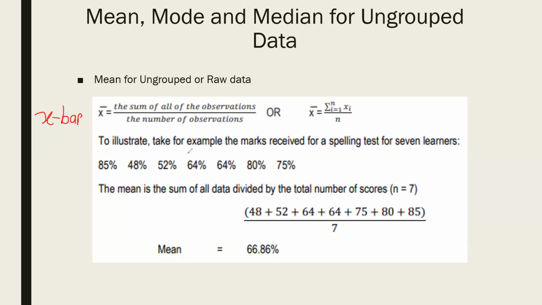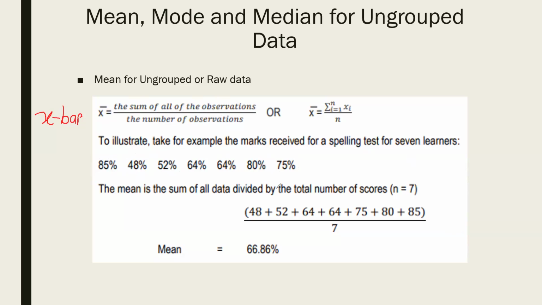To illustrate, take for example the marks received for a spelling test for 7 learners. The first learner gets 85, the second 48, the third 52, the fourth 64, the fifth 64, the sixth 80, and the seventh 75.